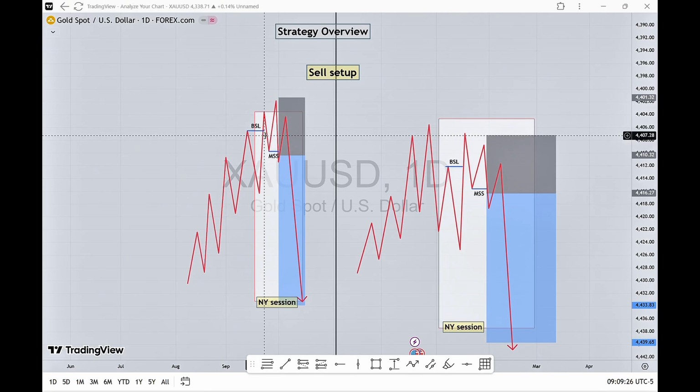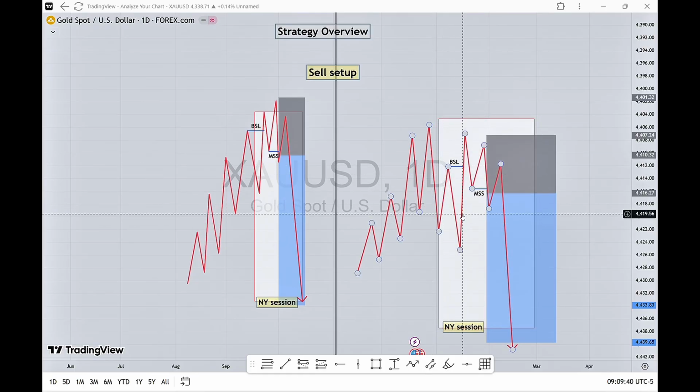Or if you haven't got the liquidity sweep from the previous session, you also look for a liquidity sweep within New York session. The market enters New York session, forms some internal highs, then those highs should be swept before you look for a market structure shift and a sell entry. So that's how it would be if you were looking for sells.